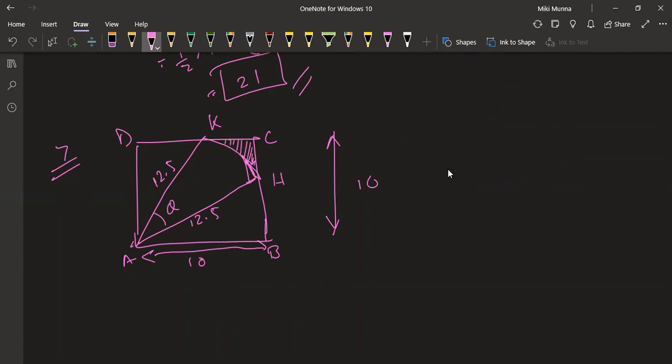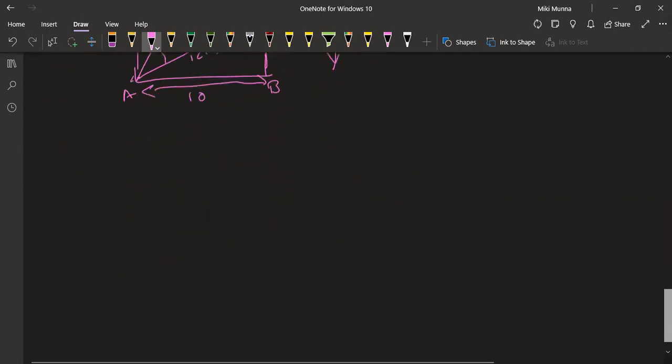Now let's see what would be done at first. They're asking us to find the value of the angle theta. What information do we have so far? Let's see. I guess we can solve it this way.